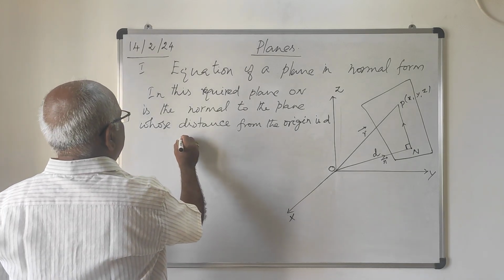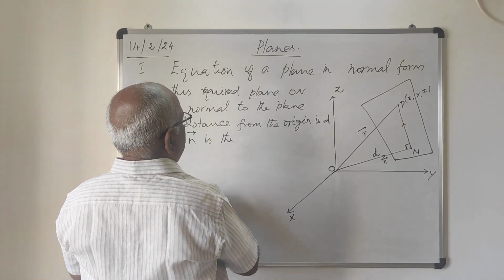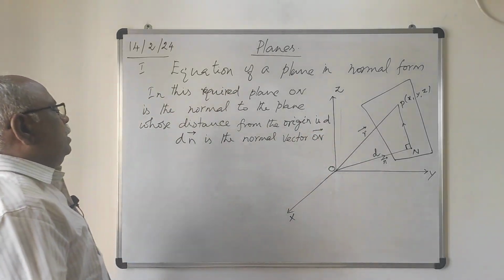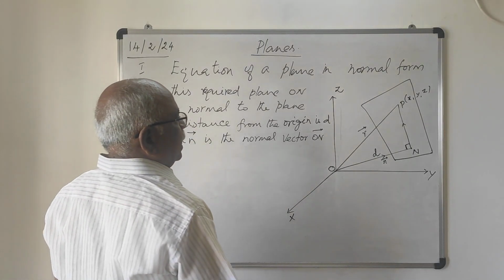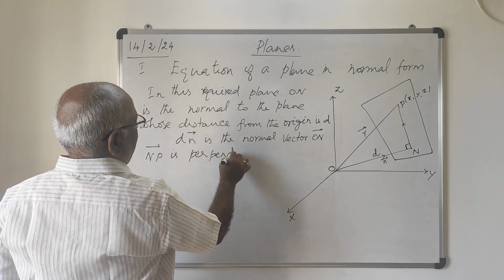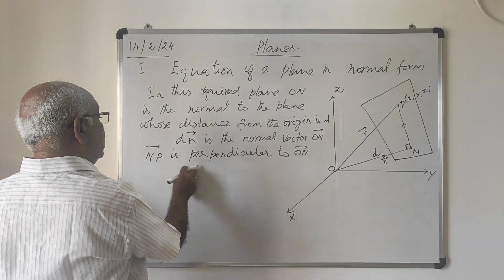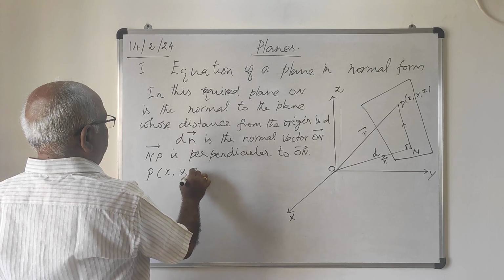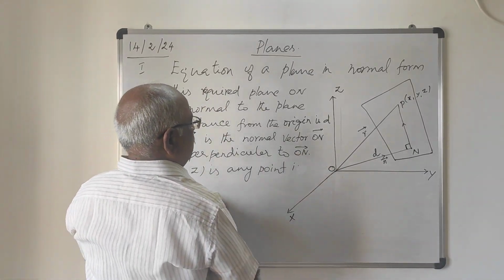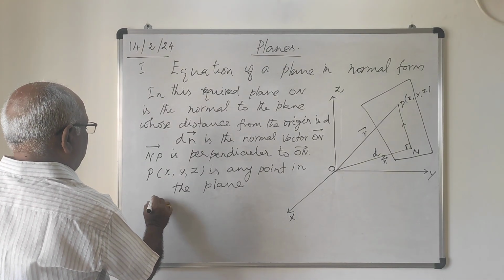D into n is the normal vector, acting along ON, and NP vector is perpendicular to ON. P(x, y, z) is any point in the plane, and OP vector equals R vector.